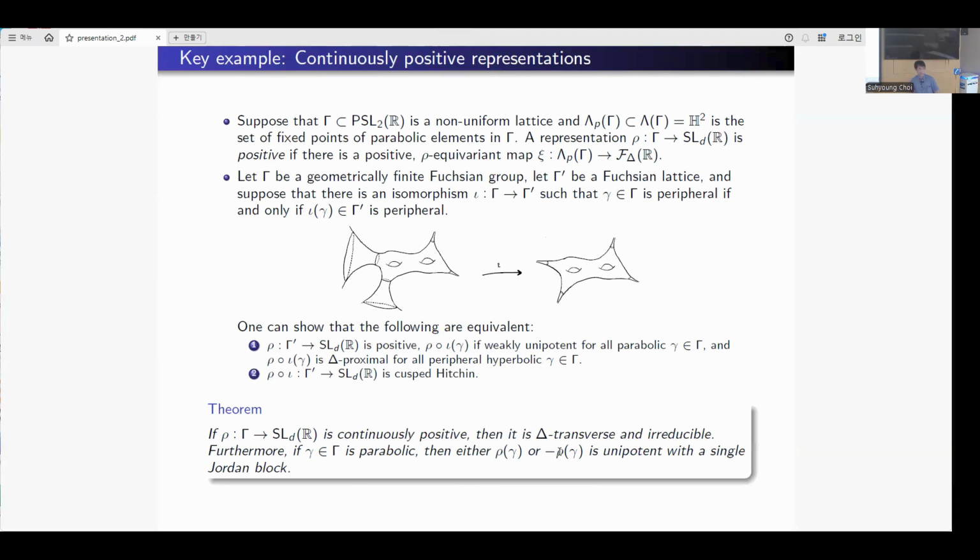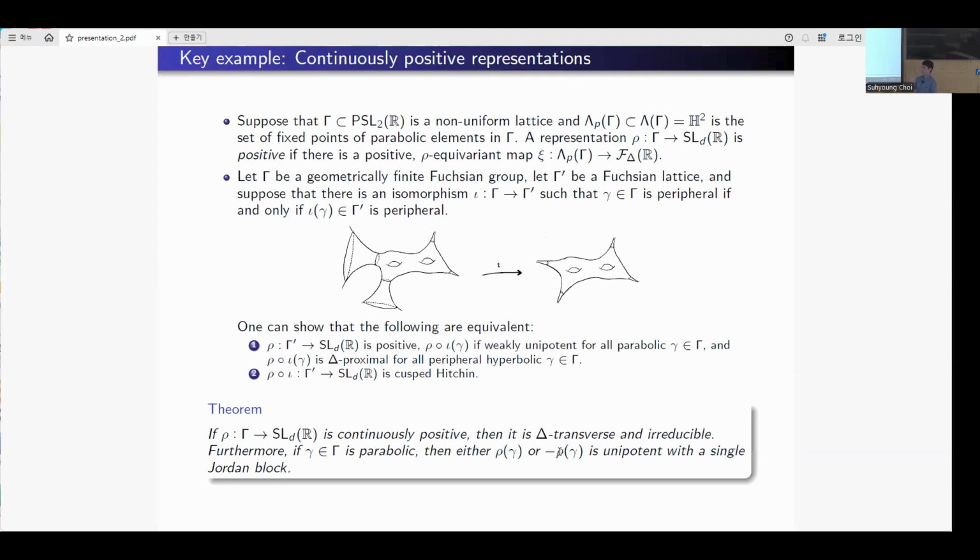So this is the key example that I want to think about when applying these transverse representations. I should also comment that when I defined transverse representations here, I did it for a discrete hyperbolic group, but you can do this in a much more general setting as well. The setting is what we call a projectively visible group.